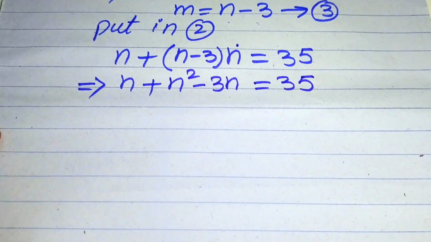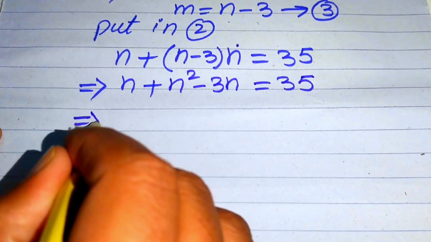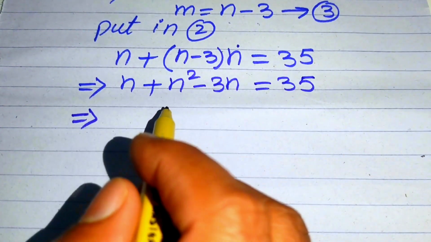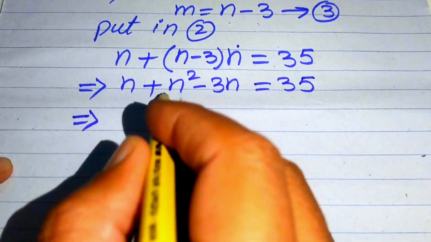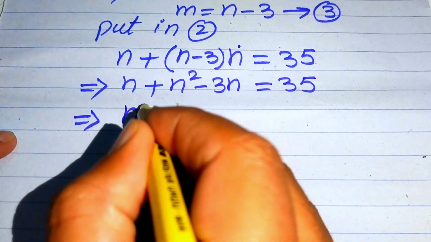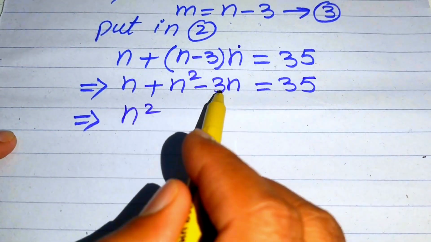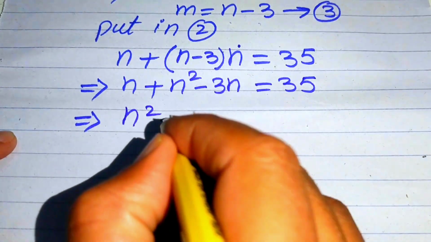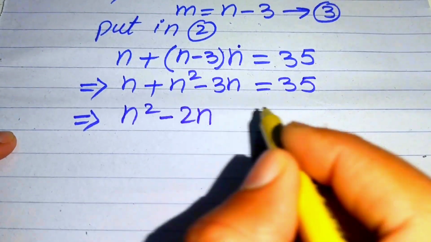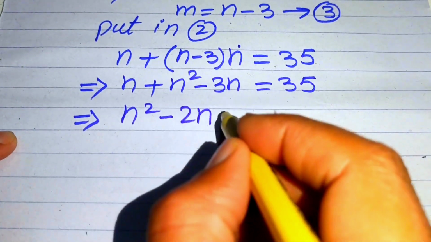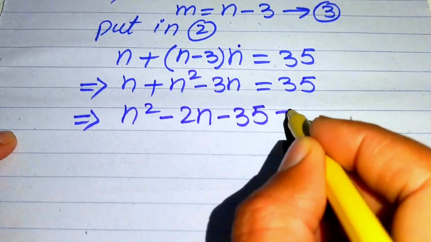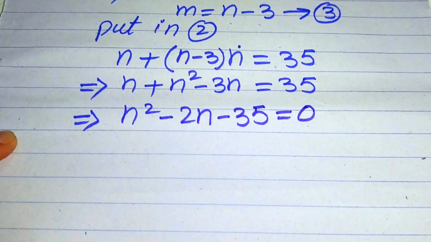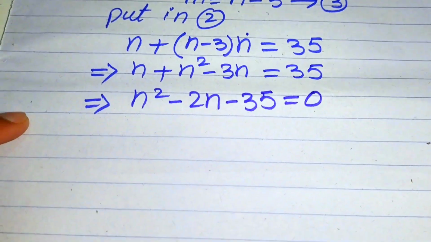Here we rearrange the terms and write this quadratic equation in standard form. First we write n squared, and we have n minus 3n equals minus 2n, and we move this 35 to the left hand side, so it becomes minus 35, and the whole equation equals 0.